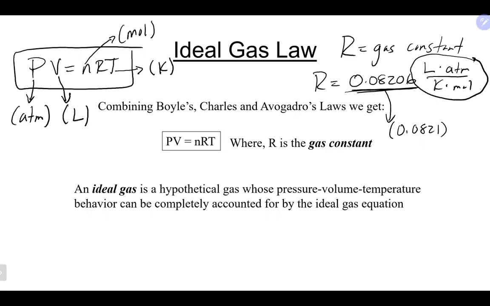What is an ideal gas? An ideal gas is essentially pretty much what we assume any gas is. And there's a couple of things that make something an ideal gas. One thing is the idea that the volume of the gas itself is relatively small versus the container it's in.